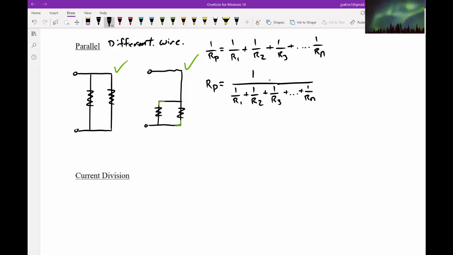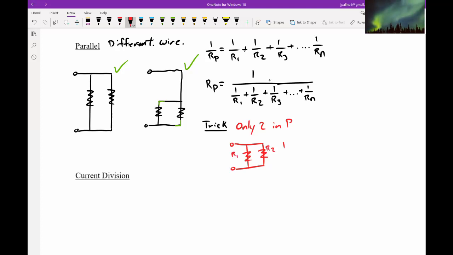Now, there is a trick, and I'll put this in red. If there's only two in parallel with each other, like this, this will be R1, this will be R2.